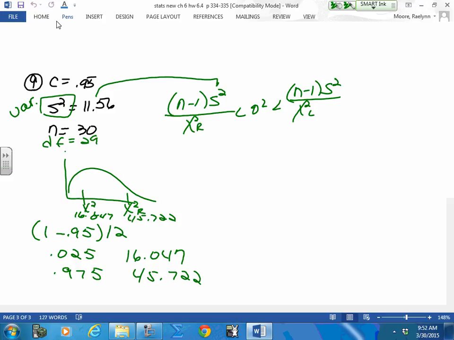So your degrees of freedom are 29. Your variance, and we don't have to square this because it is squared, see it? If it is squared, we don't need to square it. S squared. If it's not squared, standard deviation, then we need to square it. But it's squared, so we don't have to square it. x2r, take the larger one.